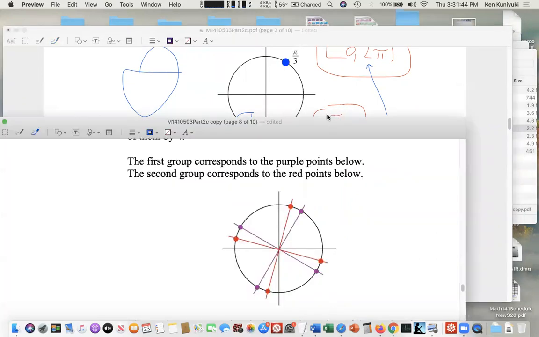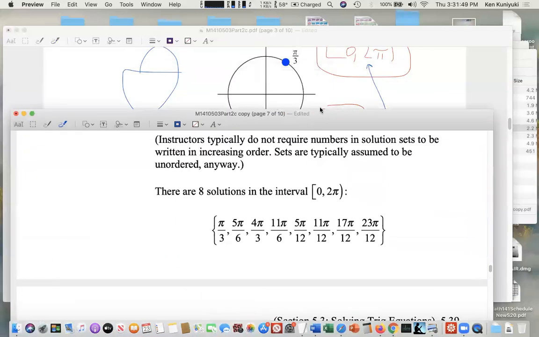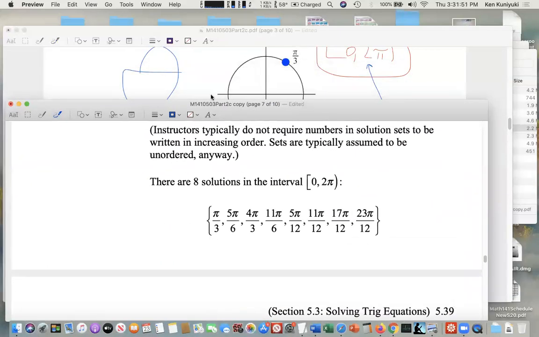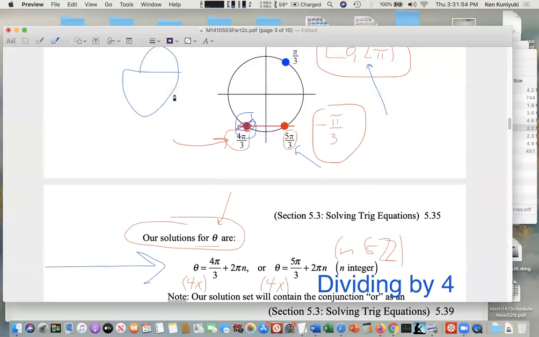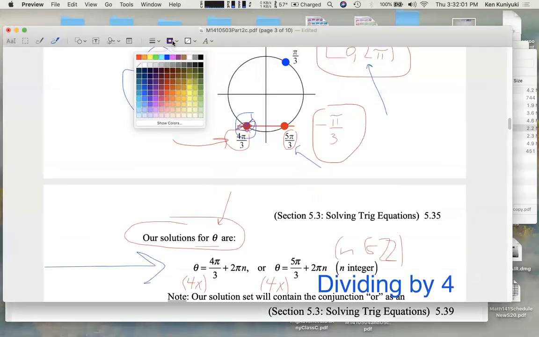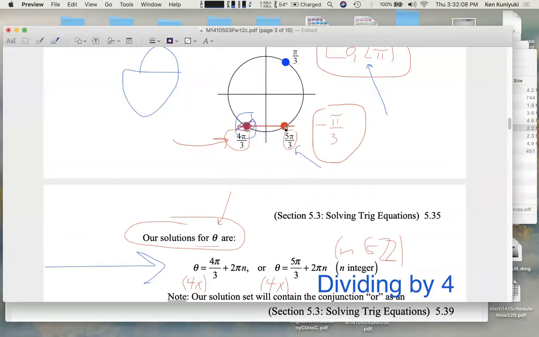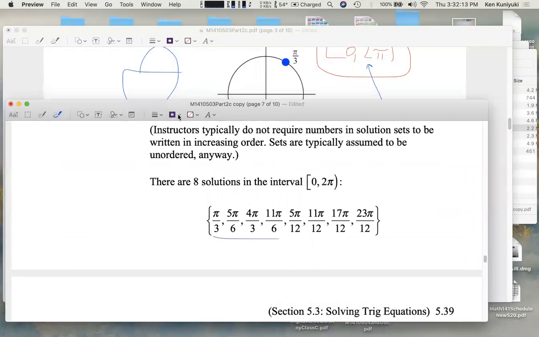Notice if you look at the solution set, the quadrant 3 spider egg for theta gave us these 4 solutions for x, in purple. And then this red spider egg for theta in quadrant 4 ended up giving us these 4 spiders for x in group 2.